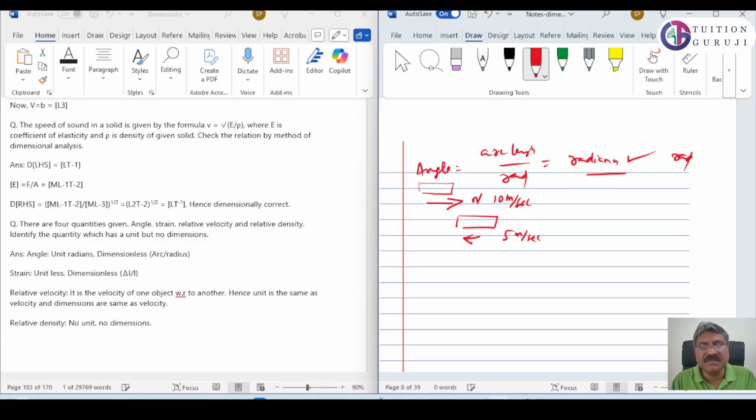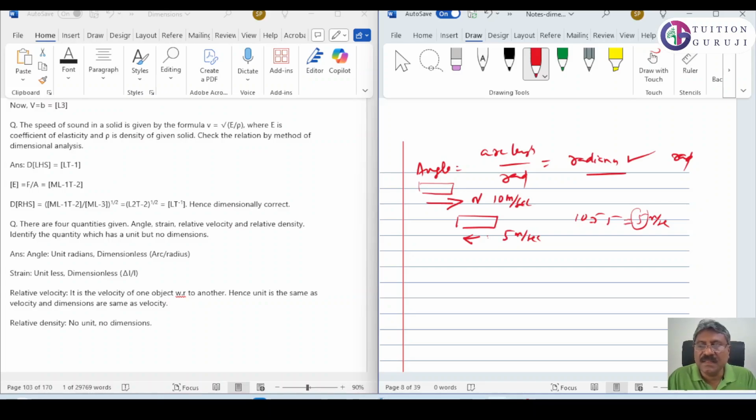Then what is the relative velocity? Relative velocity, the difference between the two, you will get 5. It is, with respect to one, what is the speed of the other? So again, it is a velocity only. So it will have a unit. It is 5 meter per second.